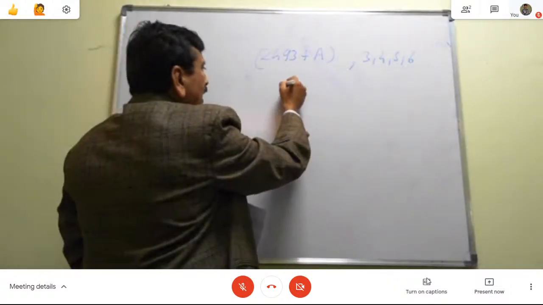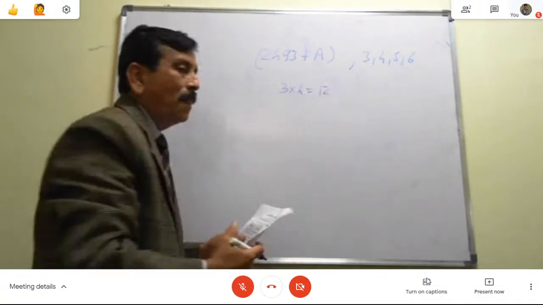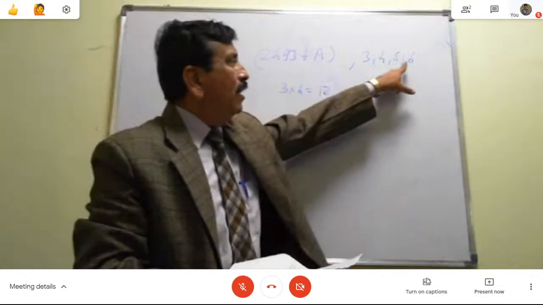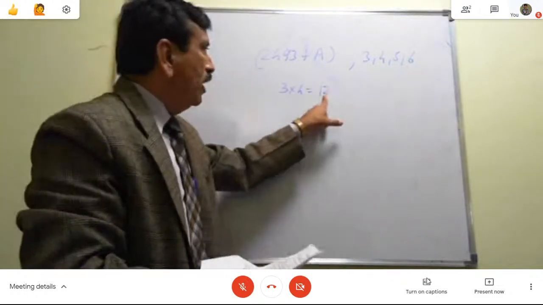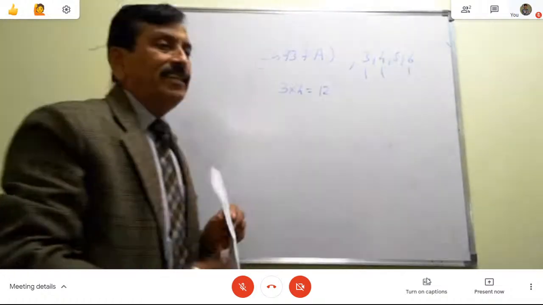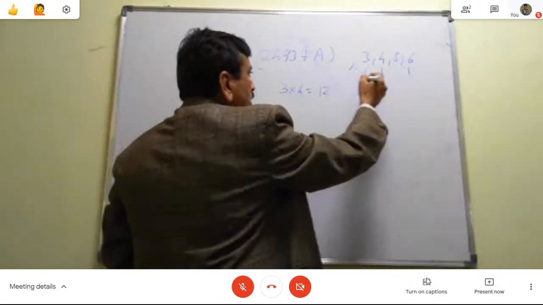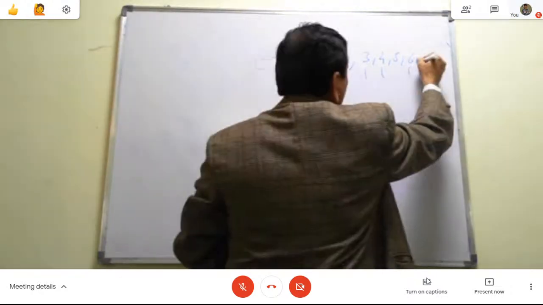Naturally, 3 into 4 is 12. Now 12 is also divisible by 6. So 12 can be the LCM of 3, 4 and 6. 12 doesn't have anything common with 5. So the LCM of all these numbers will be 12 into 5, so 60.